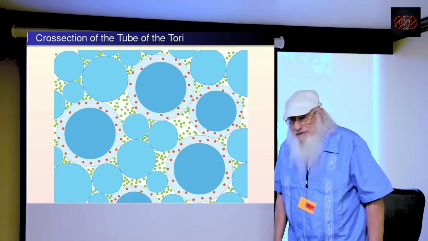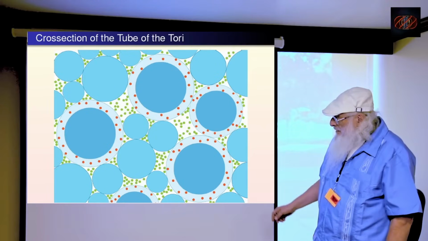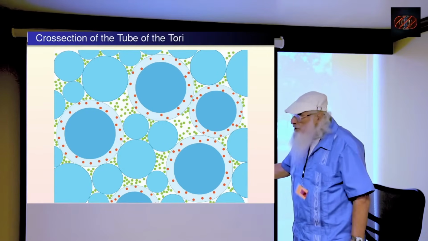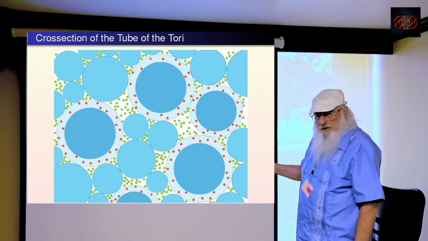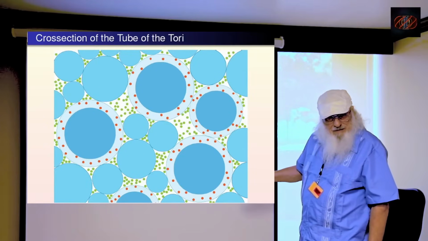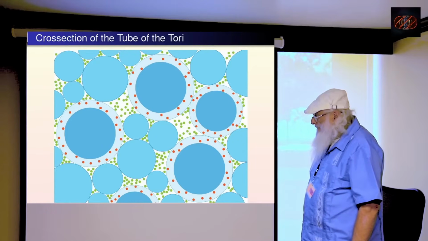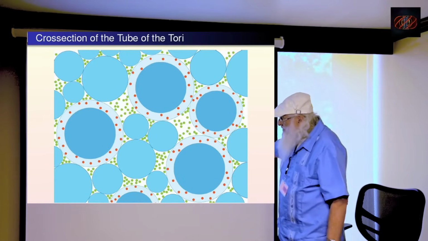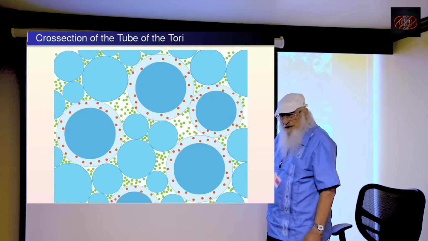And now we go back to this image. When I was talking about this image before, I didn't talk about the spherical shape. I just said it's like a sketch in a comic book. You know what this is? We're looking at the cross section of a torus.